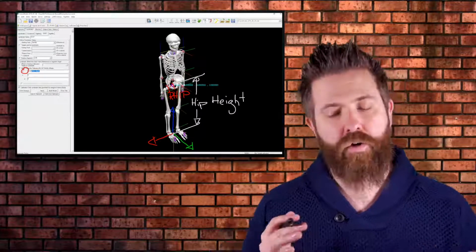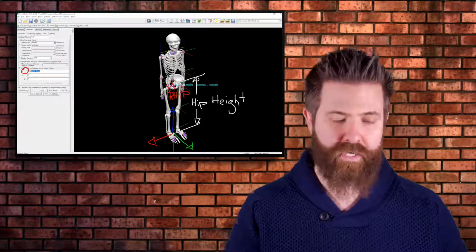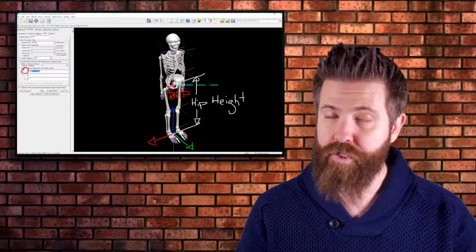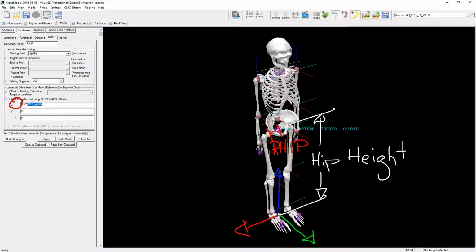So I hope that's clear. We're using these three-dimensional coordinates to first move from the origin in the Z direction. So we're going up in the Z direction all the way to hip mid, defining that as a point, and then we move from that in the X direction 0.36 times that ASIS width.